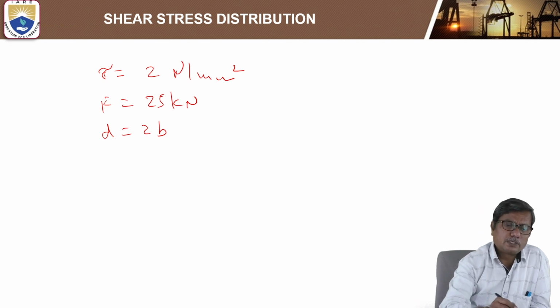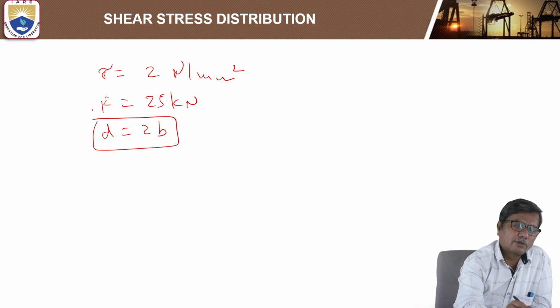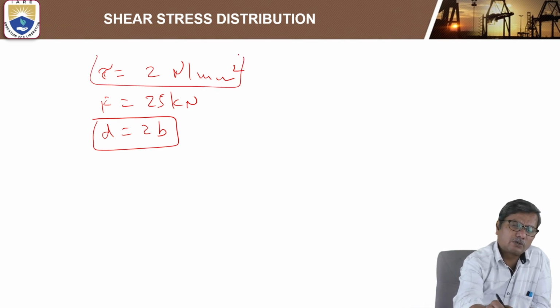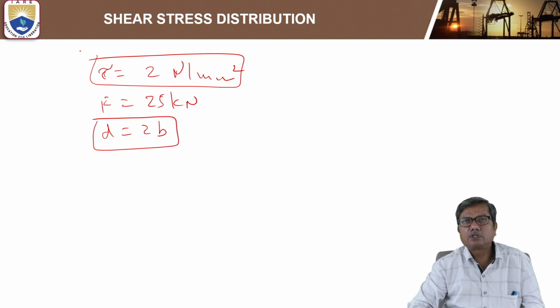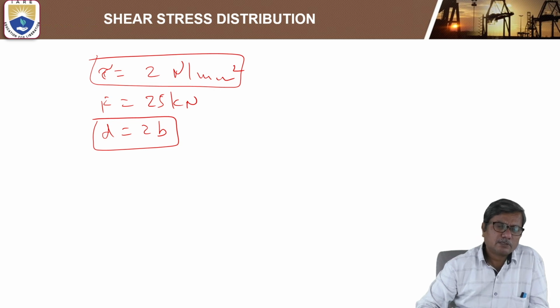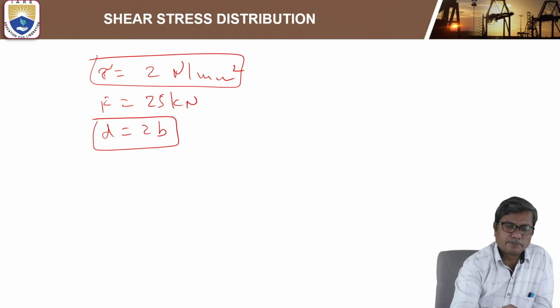In that case, find the cross section dimensions so that the shear stress does not exceed 2 Newton per mm square. So this is another example.